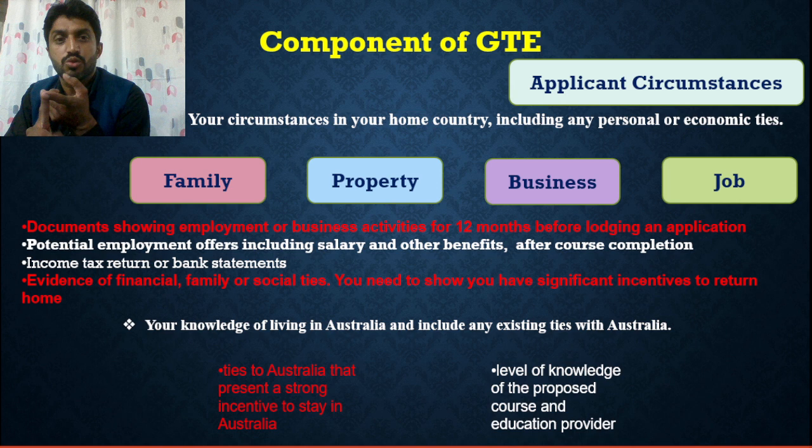Your family ties, for this you need to provide your by birth FRC, family history, or by marriage FRC. Your property, if you have any property, you need to provide a fard malkiyat or a document that shows the property is in your name.